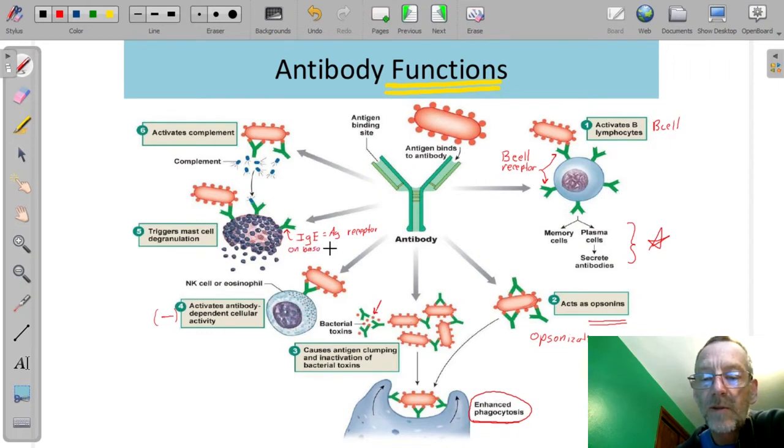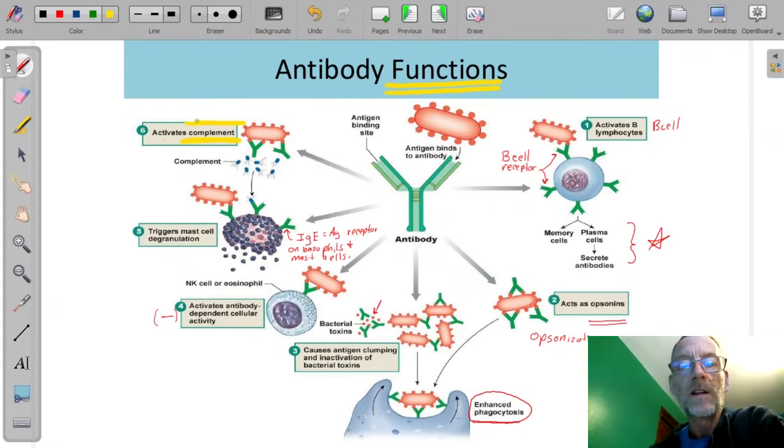Boy, I'm writing pretty small. Probably too small. You may have to magnify that. We'll come back to it. And antibodies can also assist with complement activation. So just some general functions of antibodies. So you should be able to name or describe a couple of those.